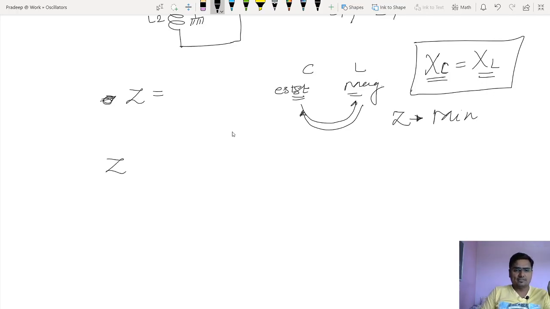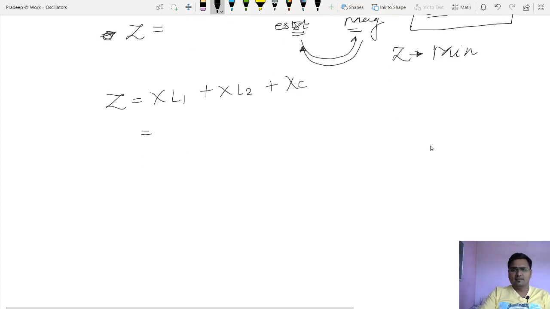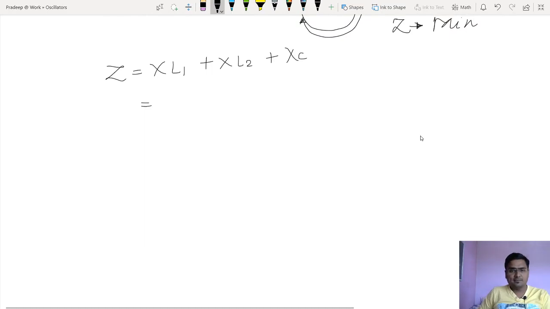So let me calculate Z instead of wasting time. Z is equal to what? The impedance offered by L1, that is the inductive reactance, plus the inductive reactance of L2, plus the capacitive reactance XC. I think that is okay because people will understand the summation. My writing is not proper, it's not going straight, I will try to write straight.